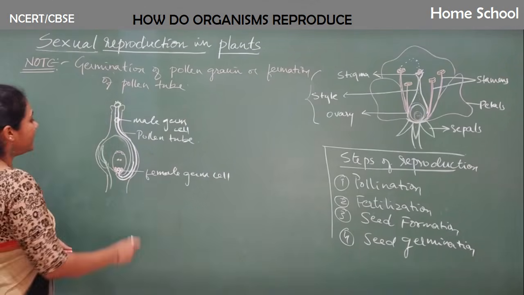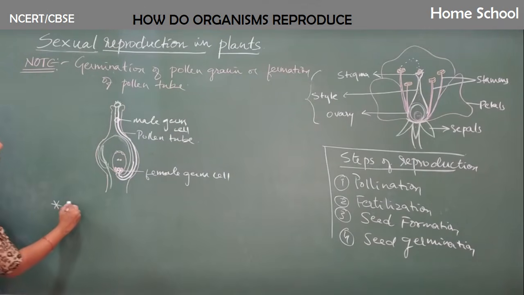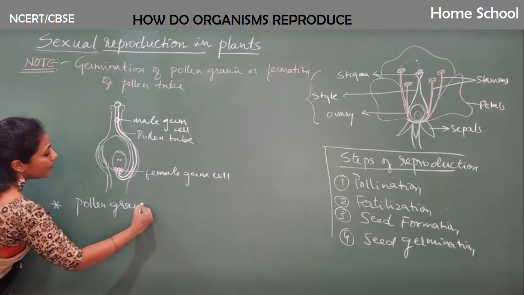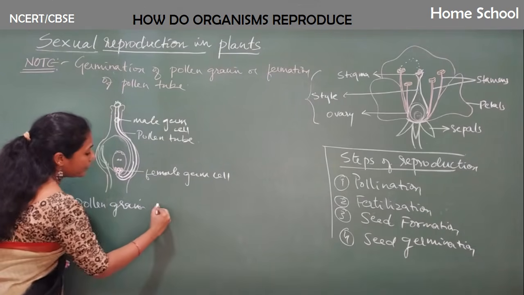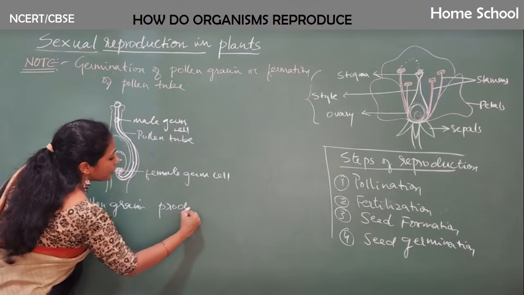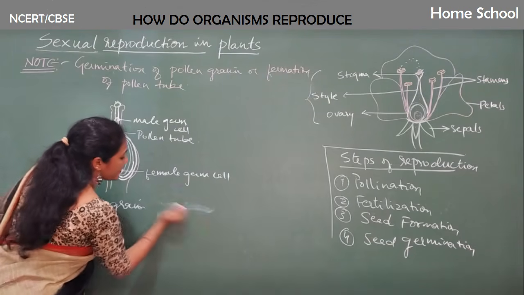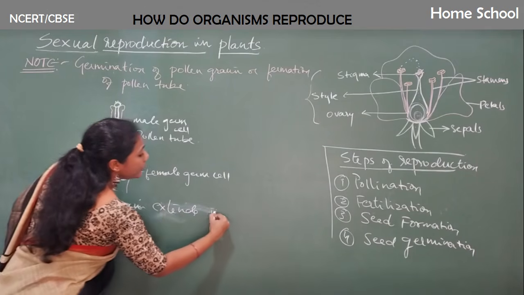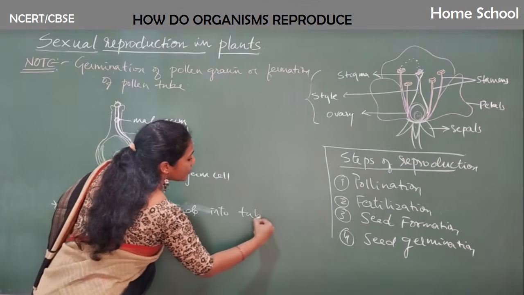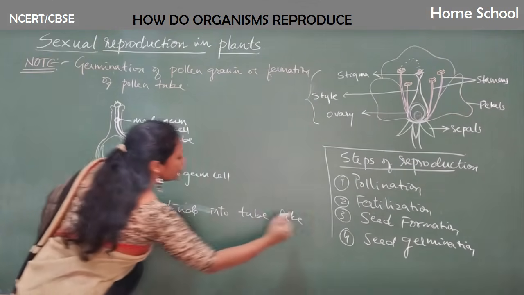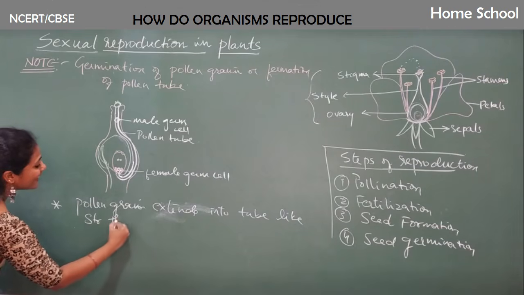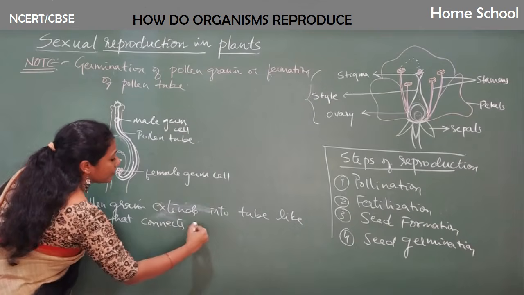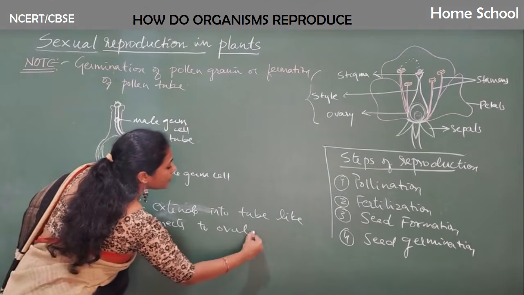So what you can write here is: pollen grain extends into a tube-like structure that connects to the ovule.